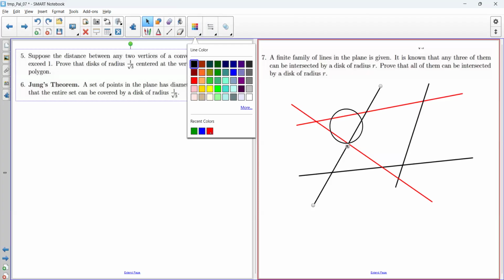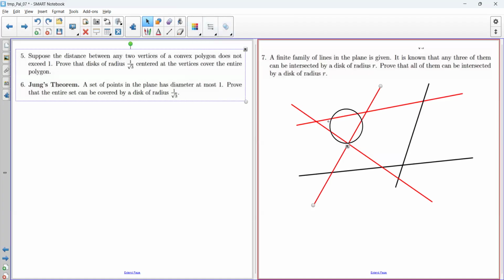So this situation looks like this. The question then is to prove that all of them can be intersected by a disk as well.